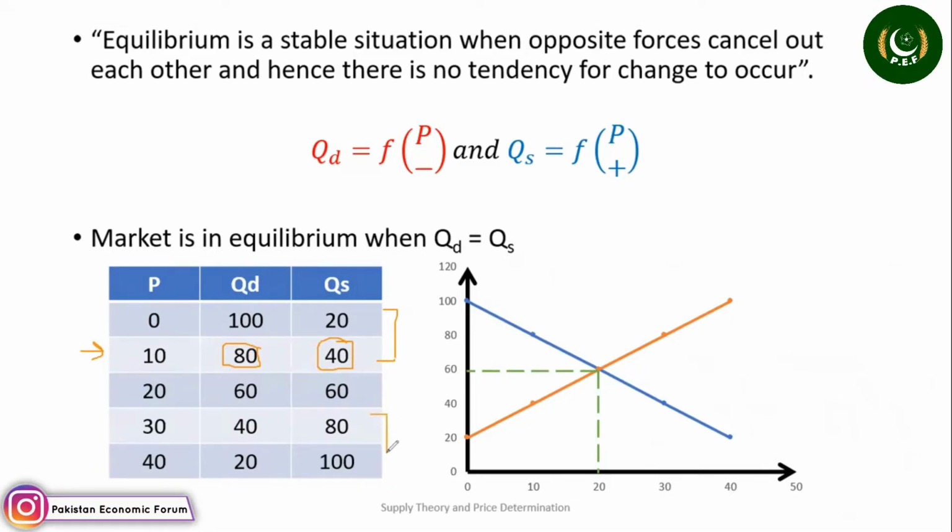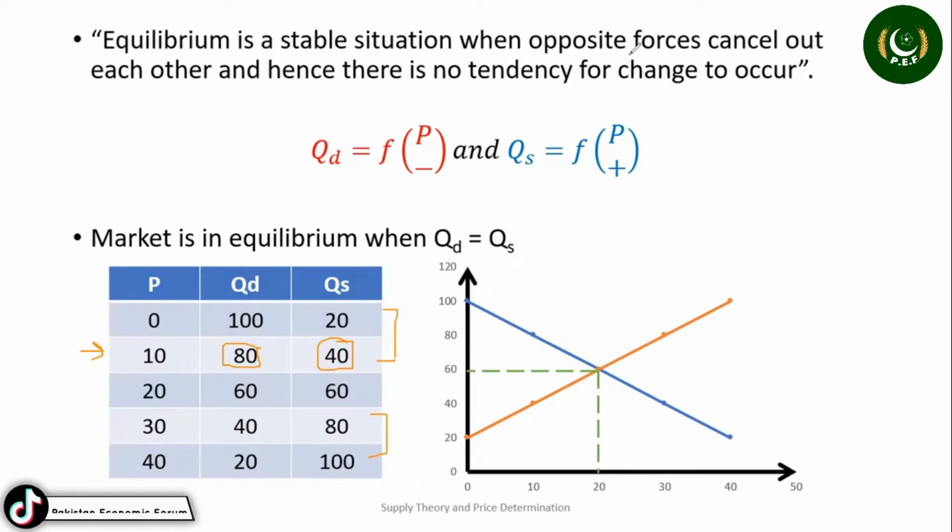Similarly, any price above 20 is also not stable because at such a price the supply would be greater than demand, and this will create a surplus in the market which will disturb the prices and hence affect the quantity demanded and supplied.